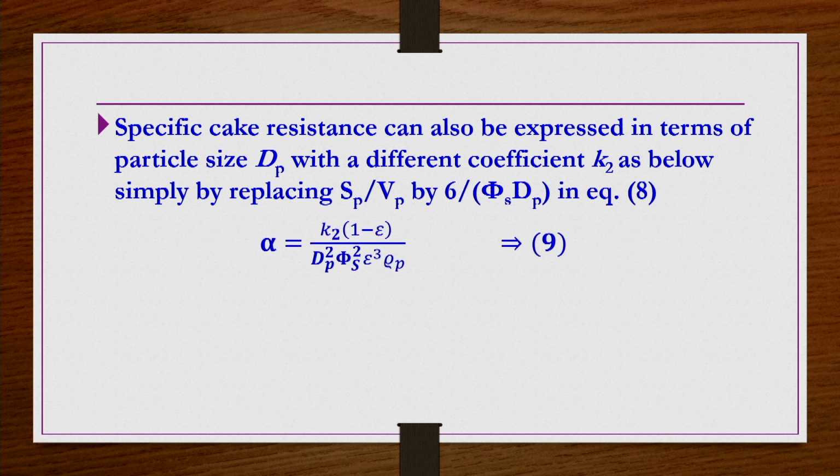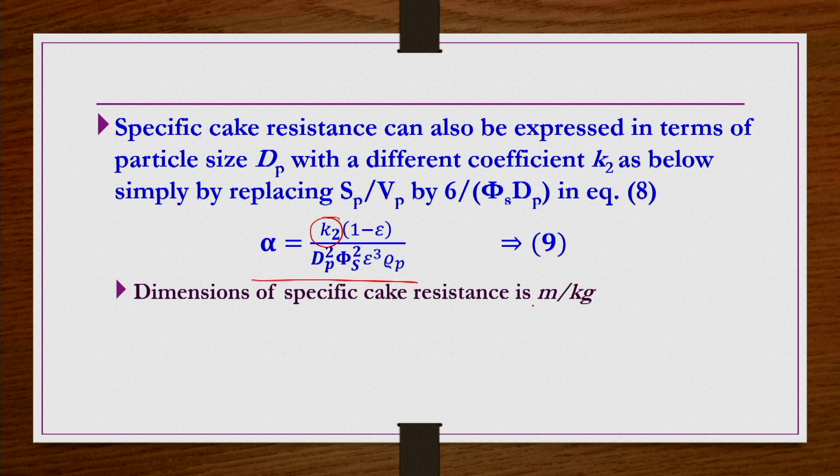Then alpha equals, with the modified constant 4.17 and that 6 square, a new constant which we call K2. We do not need to worry about the exact value of K2. When K1 is combined with this 6 square, the new constant we call K2. So alpha is K2 (1 minus epsilon) divided by pi s square dP square epsilon cube rho p.